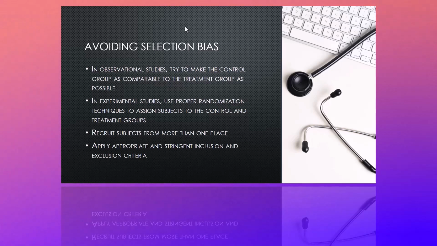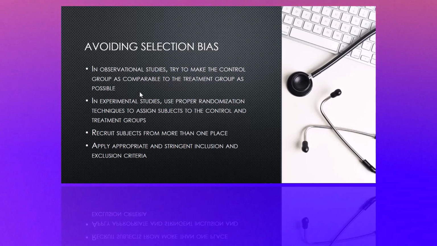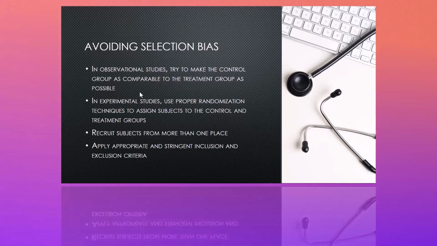And another way to avoid selection bias is applying appropriate and stringent inclusion and exclusion criteria. Again, we will evaluate the research we're looking at, and I'm giving you these tools to be able to identify selection bias so that when you are evaluating your research article, you can pick out these parts, the inclusion and exclusion criteria, the proper randomization techniques.